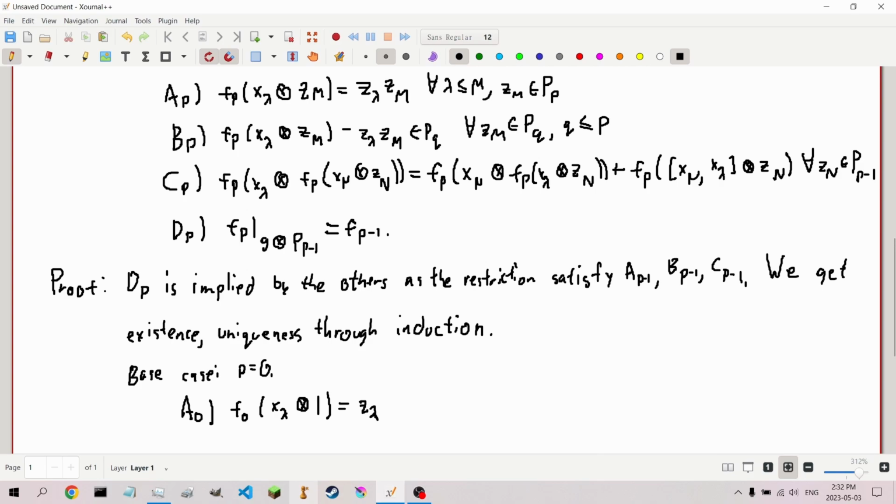And then B0 and C0 fall from that pretty directly.